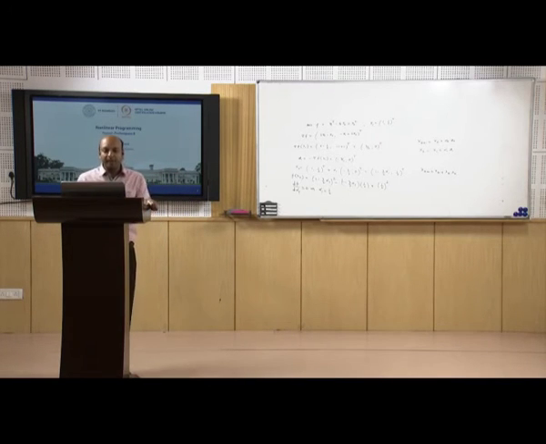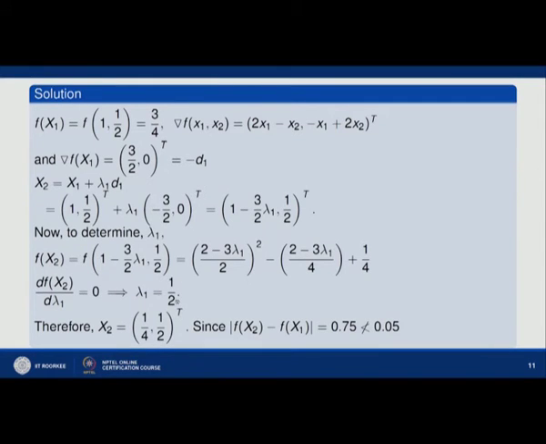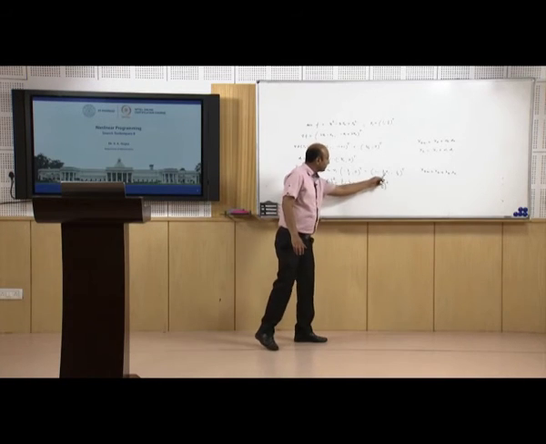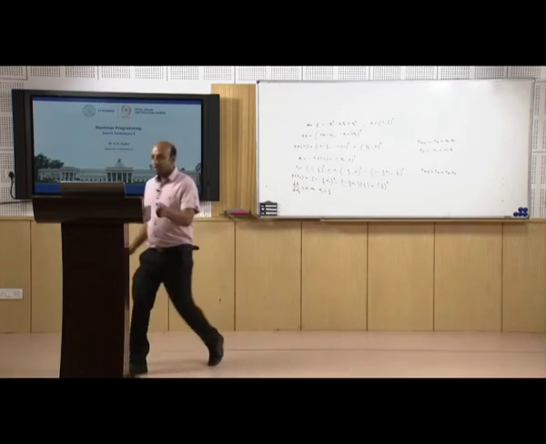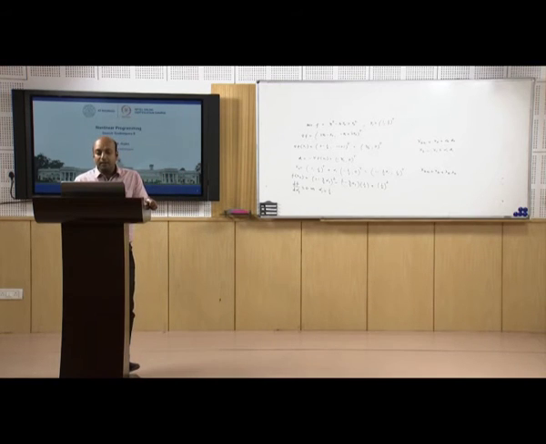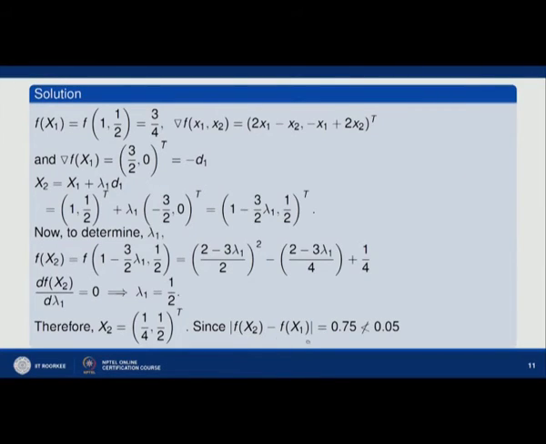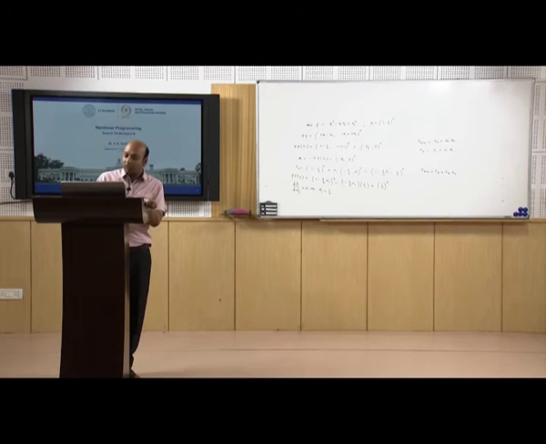So this is how we can find lambda 1 or alpha 1, which is half, and the next point is 1 by 4 comma 1 by 2, when you substitute lambda 1 in place of alpha 1 over here, okay. So here we observe that the difference of the two functional values is not less than 0.05. So we will not stop here, we will perform the next iteration. Again we form the next point, okay.